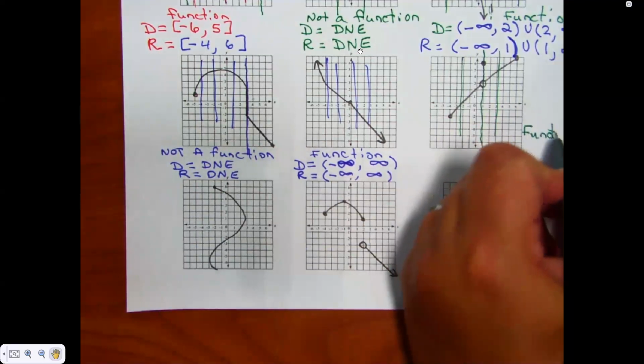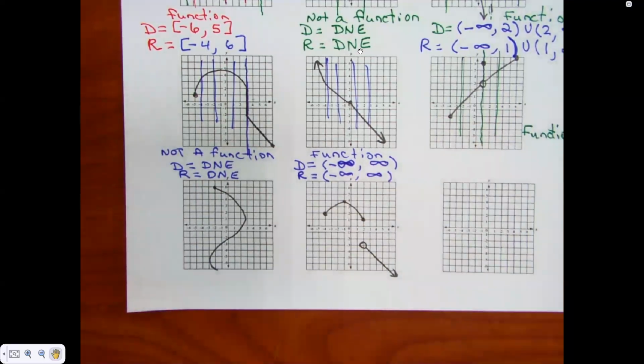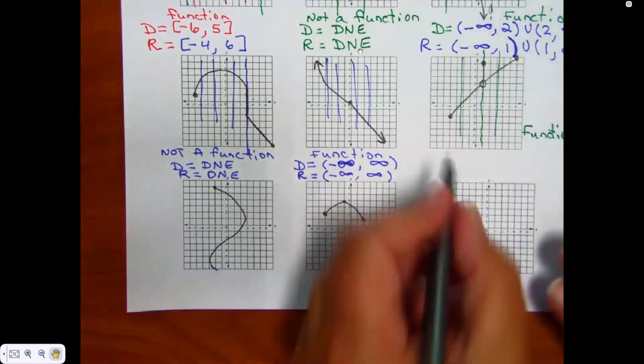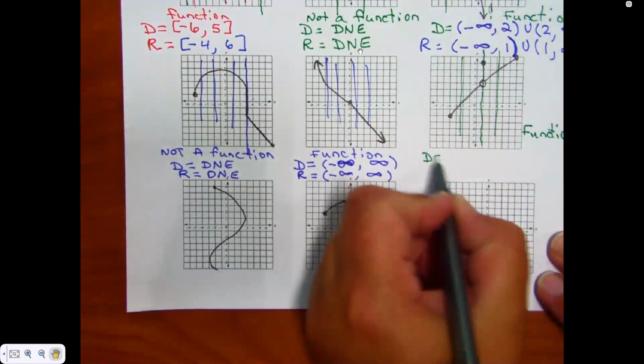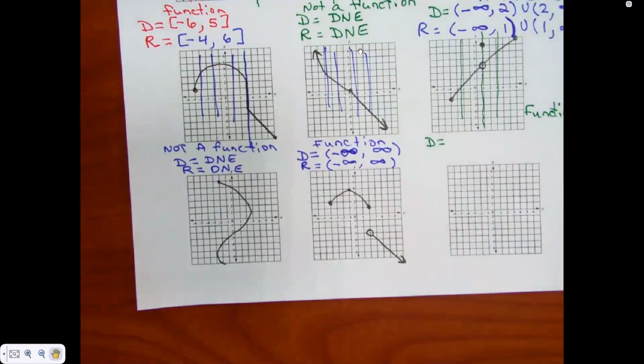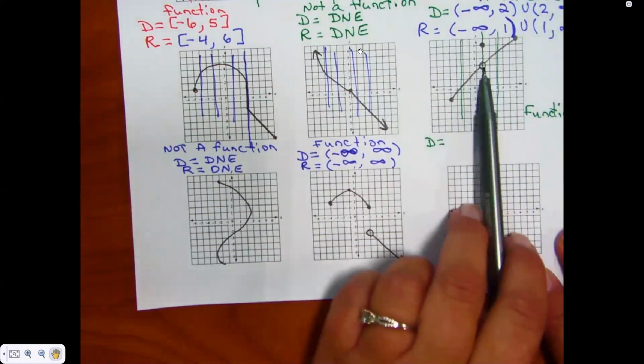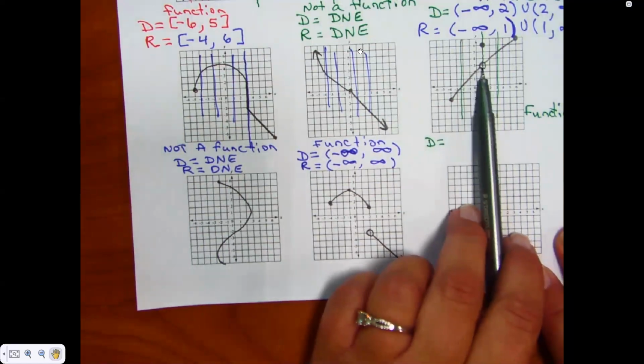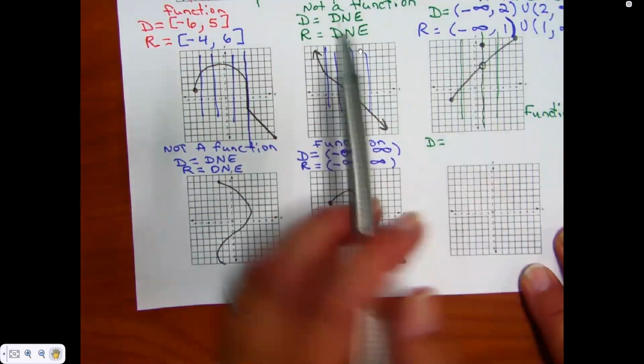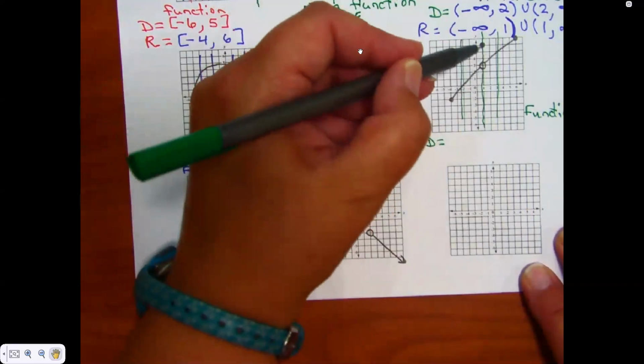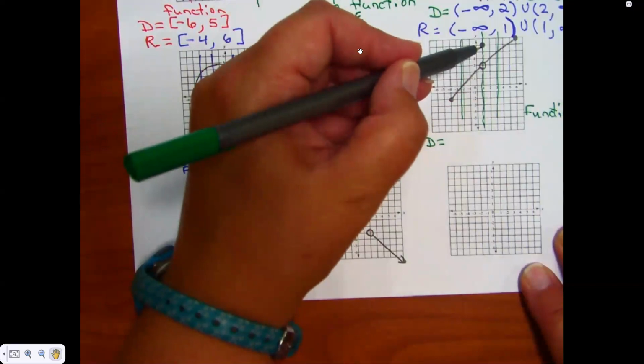Function. Sneak it on there. All right, it is a function. What is the domain? Left to right. Are there any gaps? We might say, hey, there's something at 3, but is there an x value of 1? It's just in a different spot.